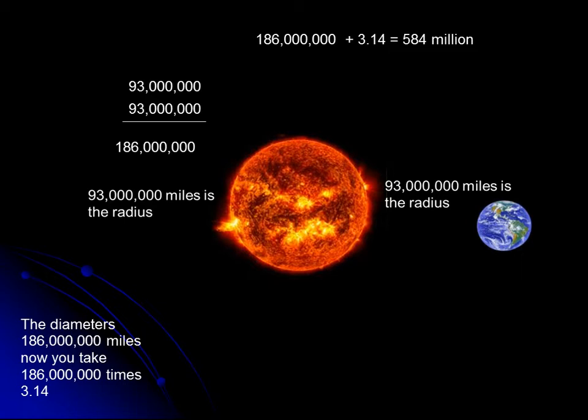It's all the way around the sun, our orbit around the sun. What's that called? The circumference. And the answer is 584 million. Did you have a circle that pops up? Keep that going, I love this. Which equals 584 million miles.